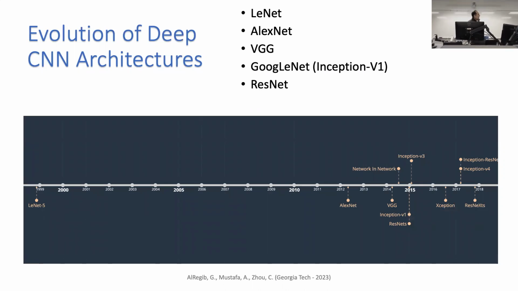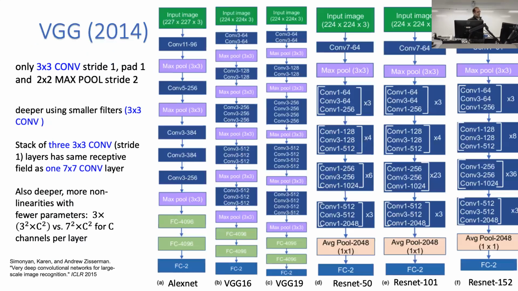So this is basically a timeline of the different architectures that we have looked at. We focused on AlexNet, VGG, and ResNet primarily in this course. But for the project, I received quite a few questions on Tuesday asking whether you are limited to these in your project. I mean, your project is your project. Do whatever you want.